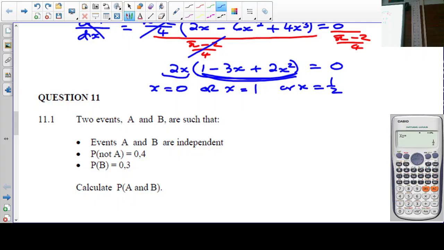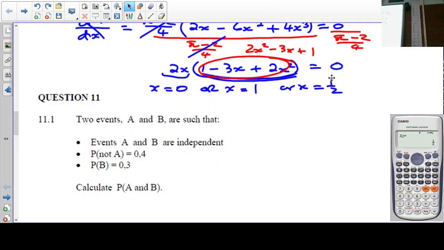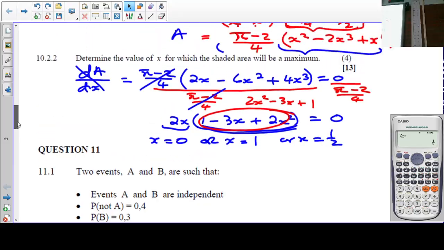Not so? Again, where did I get those values from? I must first write that in standard form: 2x squared minus 3x plus 1. Okay? That's where that comes from. We say, there are 3 solutions here. But what did the question say? Determine the value. Did it say values? No, it says value. Which means to say? One solution.